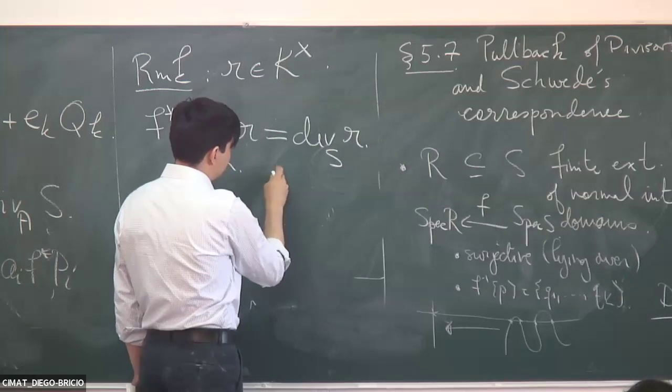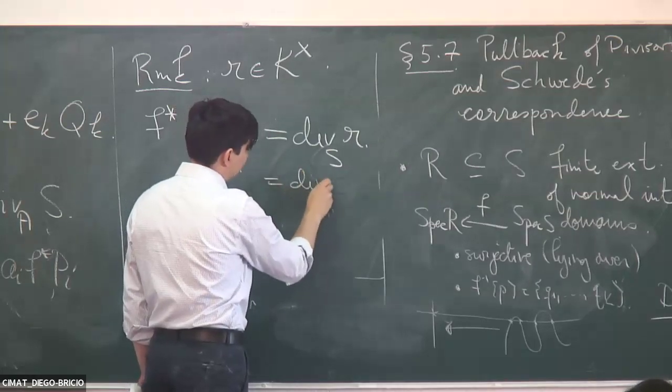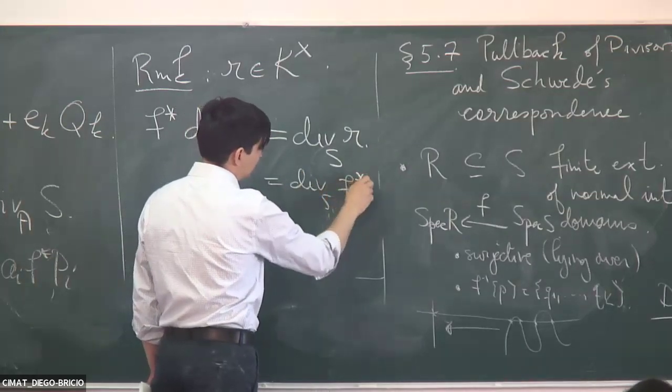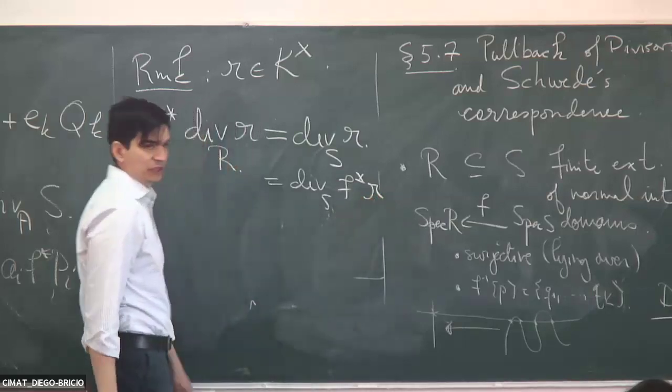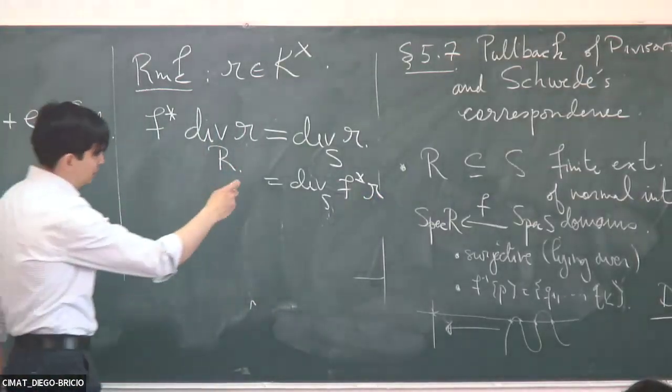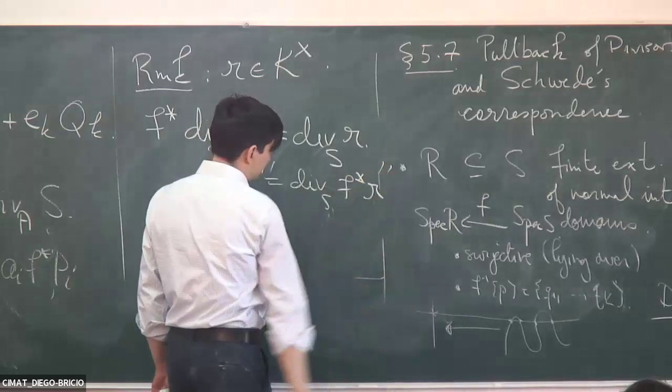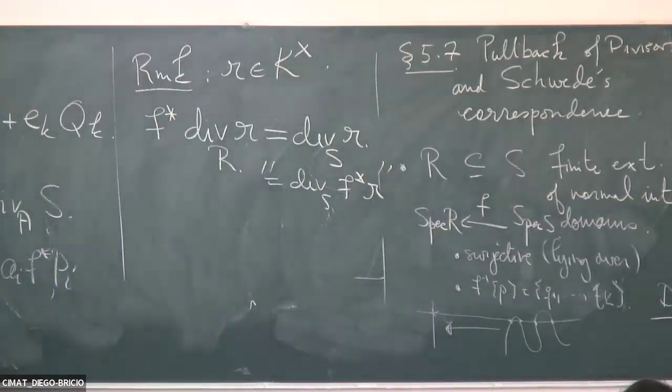Sometimes in an algebraic geometry proof, you may see this notation, like you pull back the local equation. But we don't do this here. And so what does that mean?